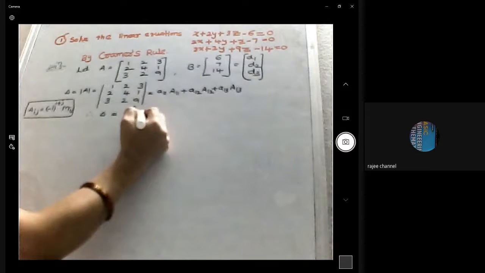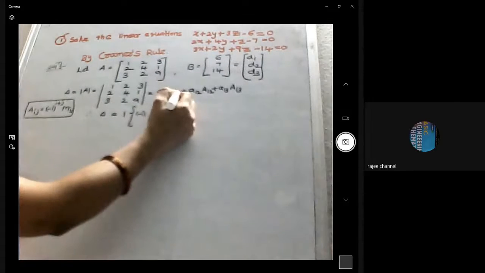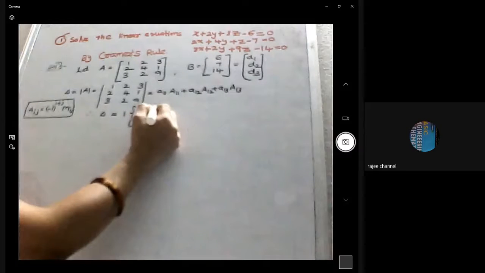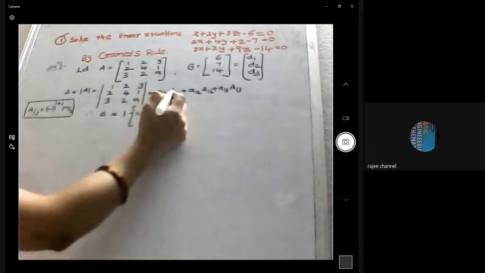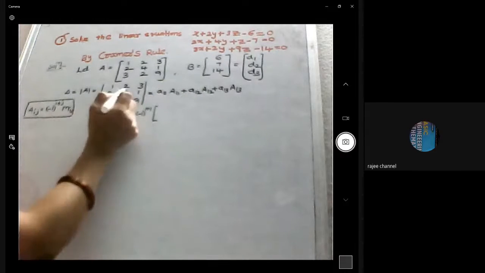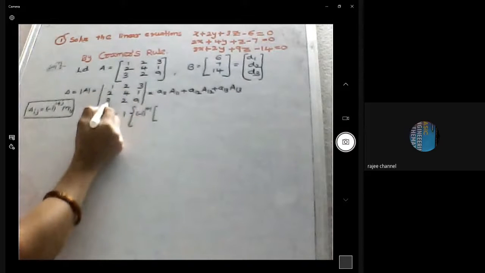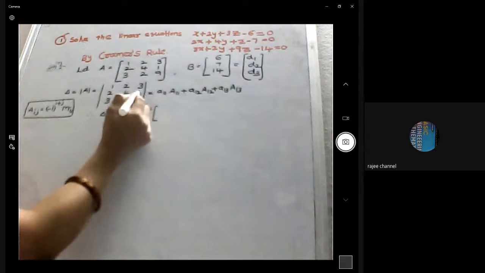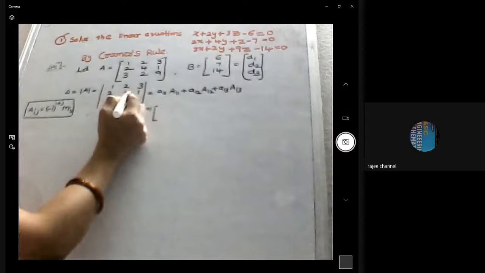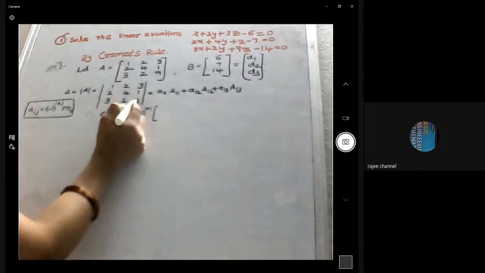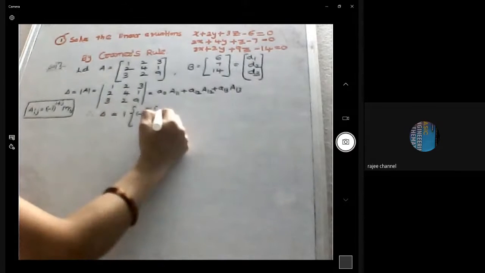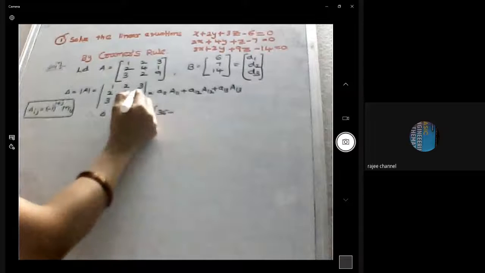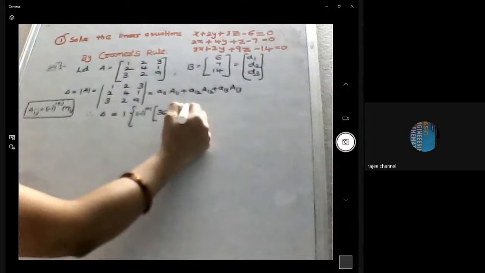So capital A11 equals minus 1 to the power of 1 plus 1 into the determinant of the minor. Removing the first row and first column, the remaining determinant is 4 into 9, 36, minus 2 into 1, 2.